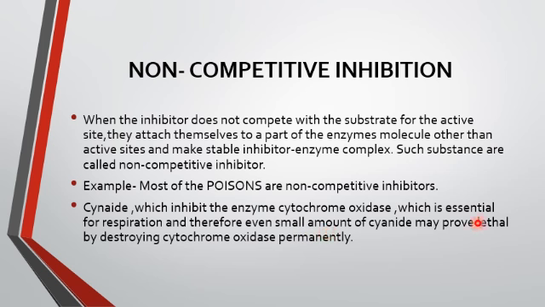Lethal means which can cause death by destroying the cytochrome oxidase permanently. So various poisons attach during a normal reaction, the reaction is stopped, and they may be lethal. Lethal means fatal, which can cause the death of a person.